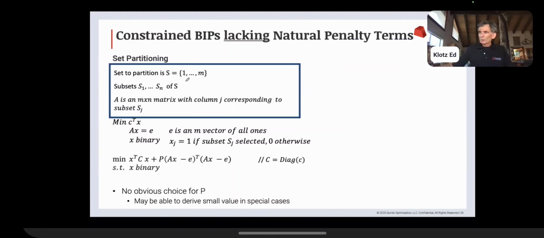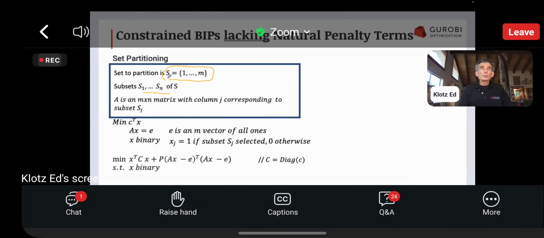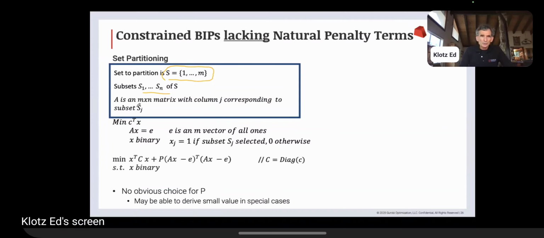All right, so let's look at set partitioning as an example of a general problem where we might face this challenge. With set partitioning, we have a master set S that ranges from 1 to some positive integer m, and then we have subsets of S, and we want to collect a group of subsets of S that together, whose union gives you exactly S, but the subsets are mutually exclusive.